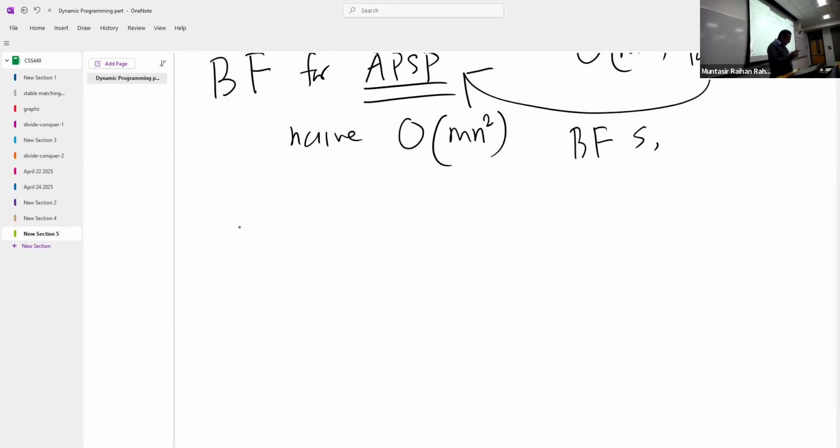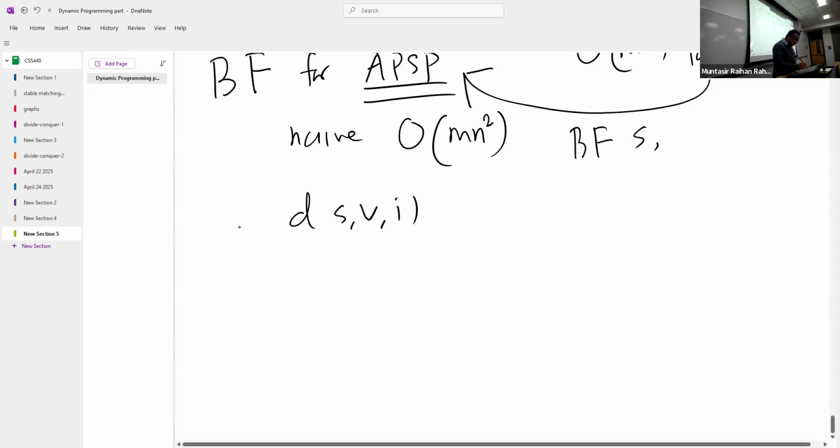So the key idea here is that originally we had a recursion in terms of d of s with any destination vertex and i minus 1.